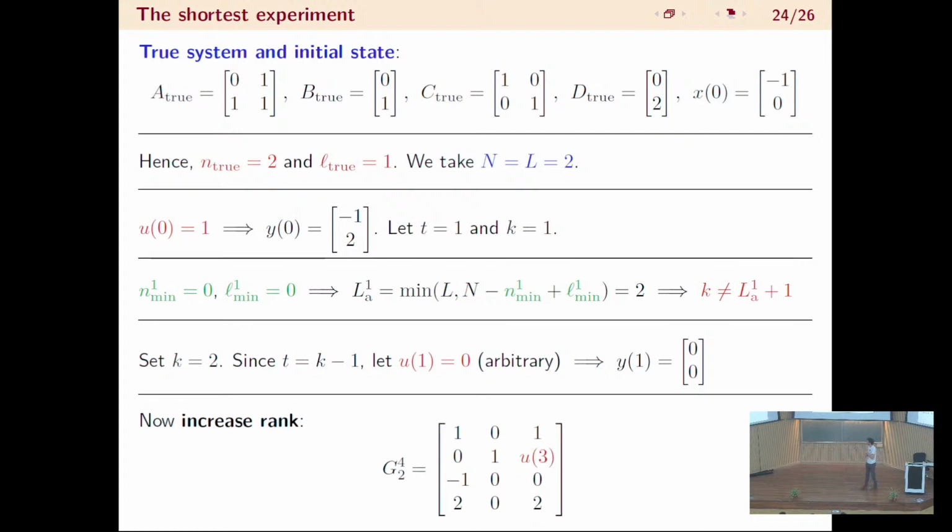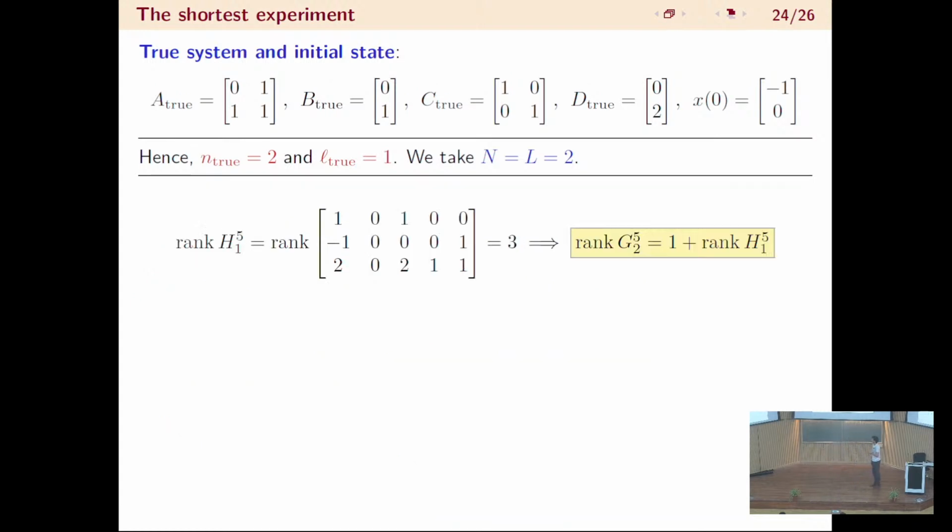Let's say 1. Then I continue here. I can choose U3 to be 0. U4 also to be 0. And now I achieve the maximal rank possible at this depth, because we have 4 rows. In that case, this rank inequality that we considered before holds exactly. So the rank of the G matrix is exactly M plus the rank of the H Hankel matrix.